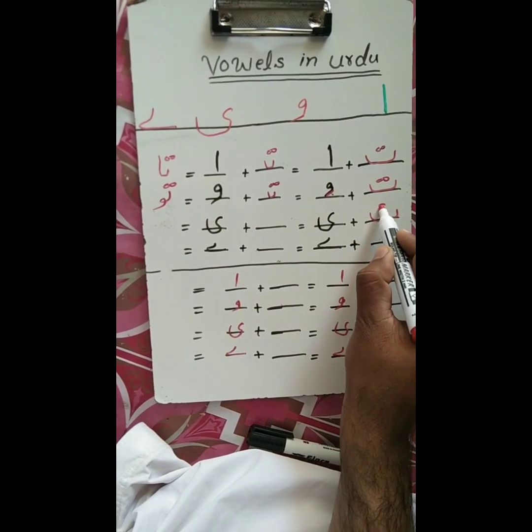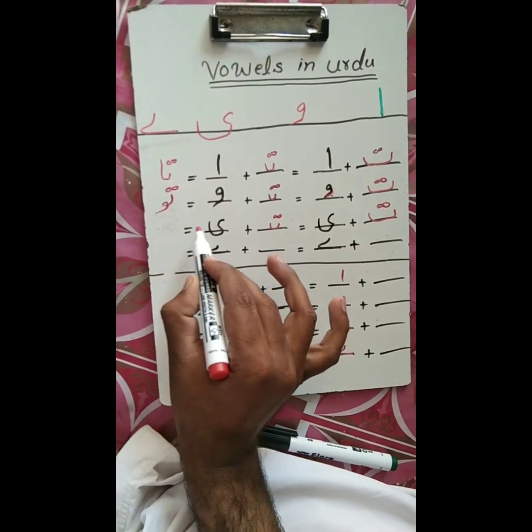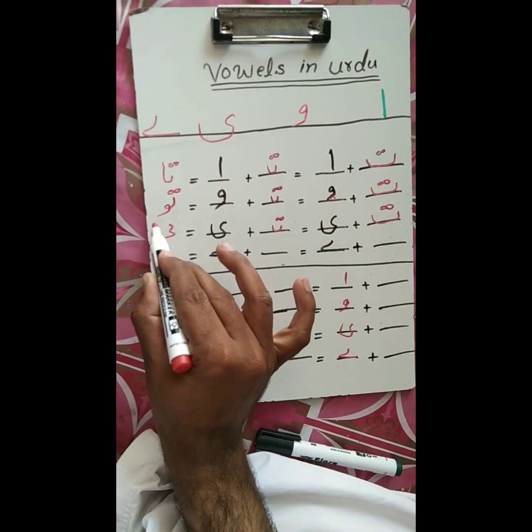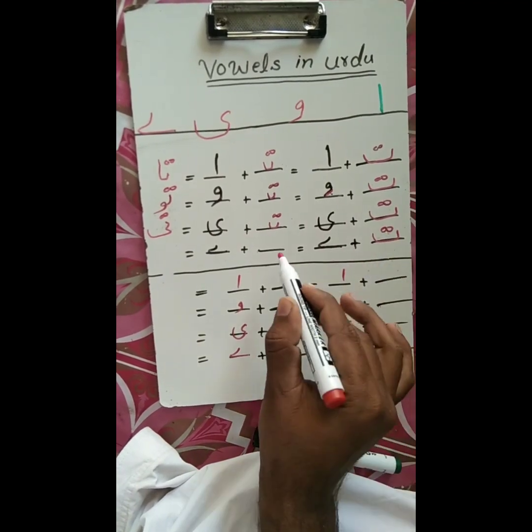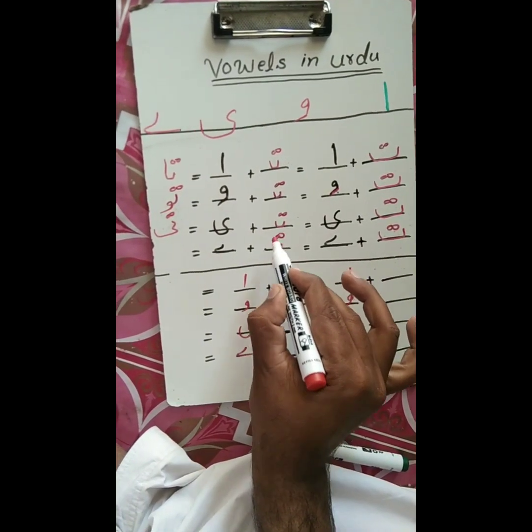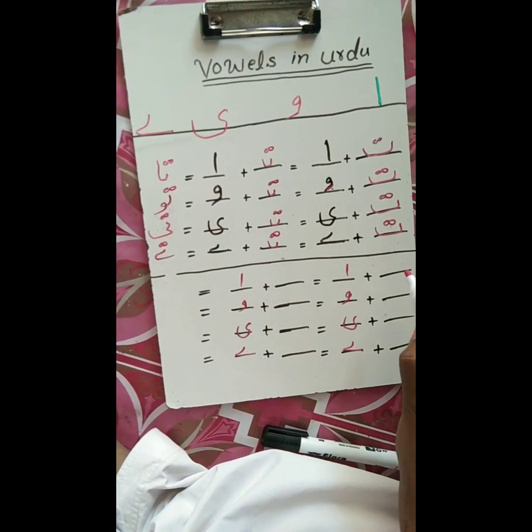We write te again, here we write te half shape, and when you combine with ye we get te choti ye ti. We write te here, and here we write half shape, and when we combine with badi ye we get te badi ye te.